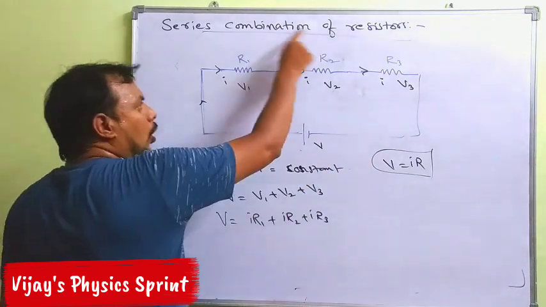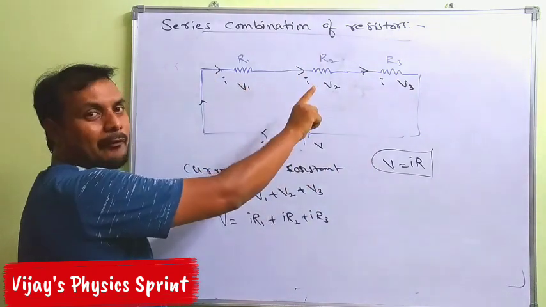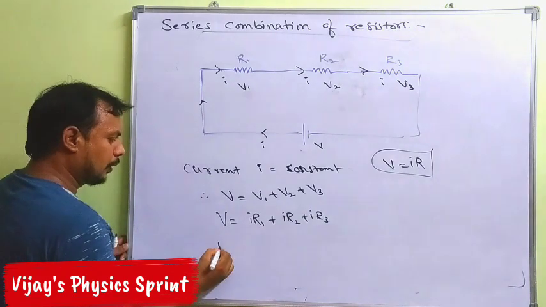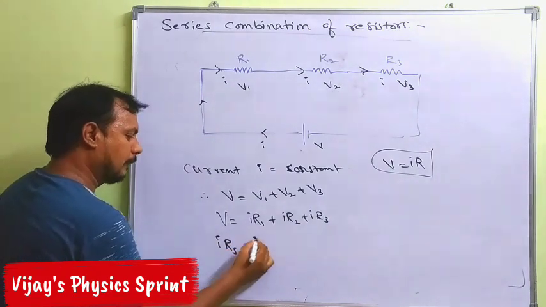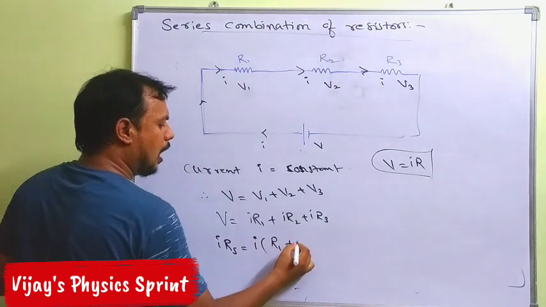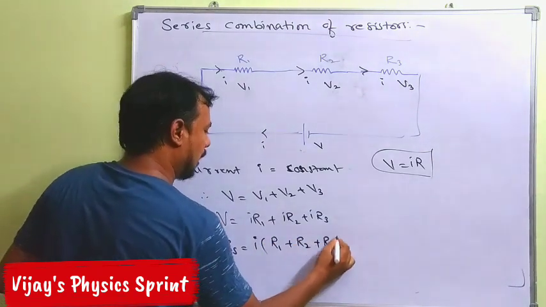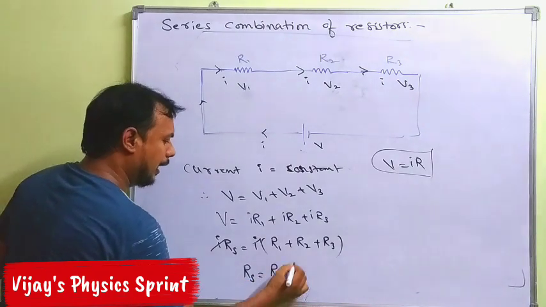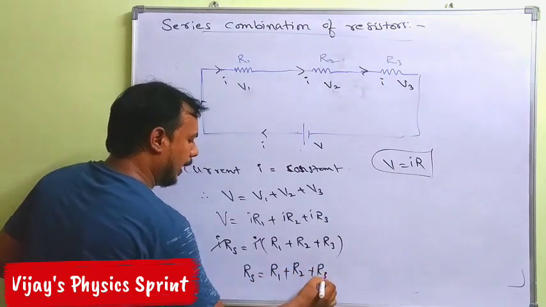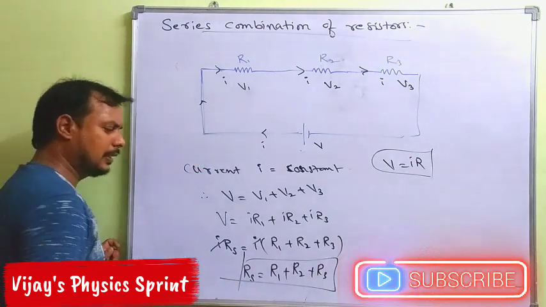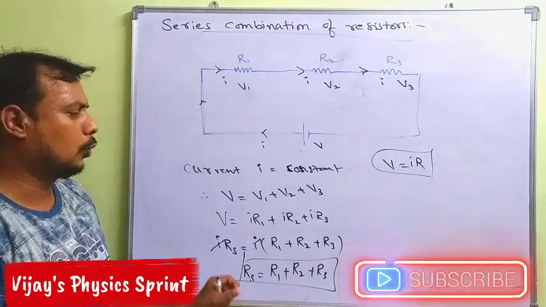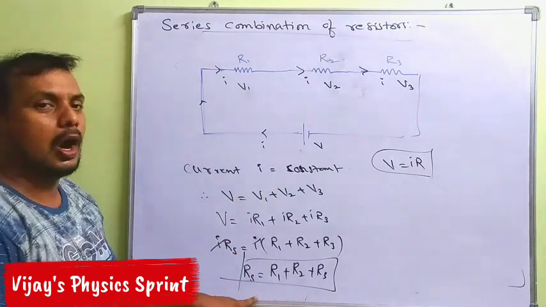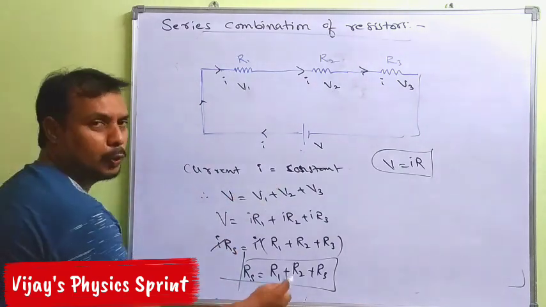Replacing all these three resistors with another resistor RS, we write V as I into RS. I is taken out: R1 plus R2 plus R3. So I is cancelled. The equivalent resistance in series combination RS is equal to R1 plus R2 plus R3.